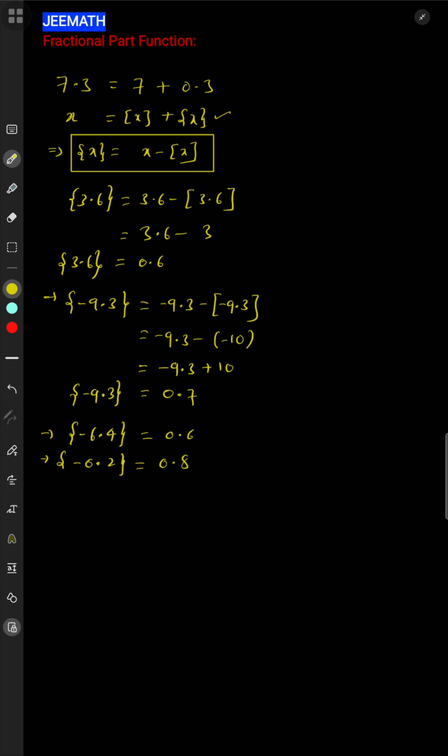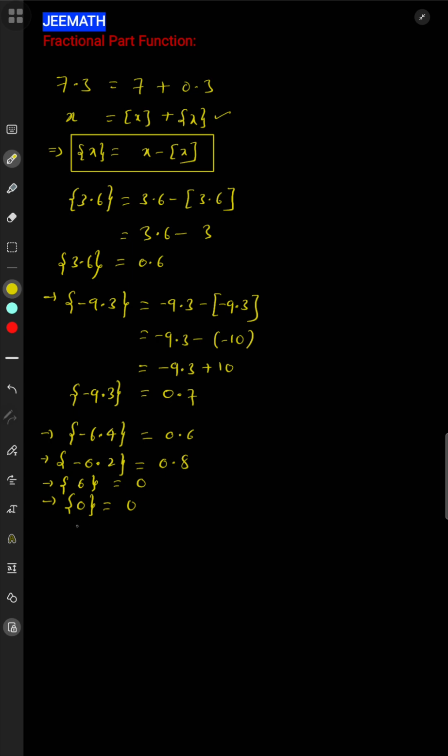So see here, to draw the graph, we need to have some values. You see here, the fractional part of 0 is what? 0 only. For integers, no fractional part is there. So the fractional part of, say, 6, as this is an integer, what will we get? 0.